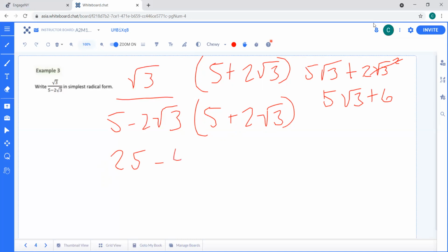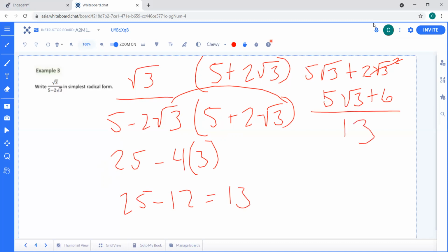Well, we've got 4 as the square of 2. And then what's the square of the square root of 3? Well, that's going to be 3. Okay, if we just multiplied that together, we would get those numbers. So then we would have 25 minus 12, which is equal to 13. So this would be over 13.